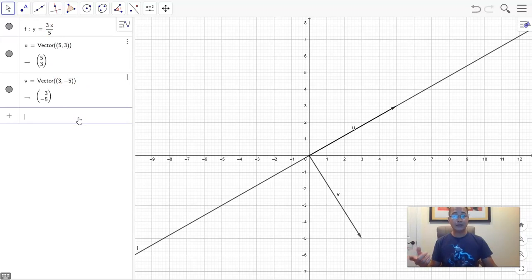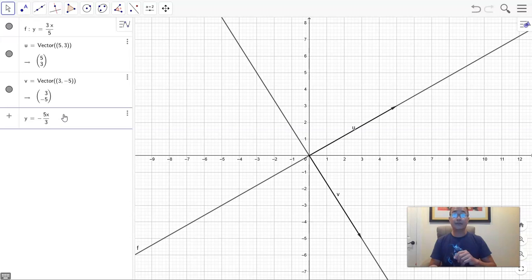The slope of that line is the negative of the reciprocal of the slope of this line. So the equation is y equals negative 5x over 3, or negative 5/3 x.